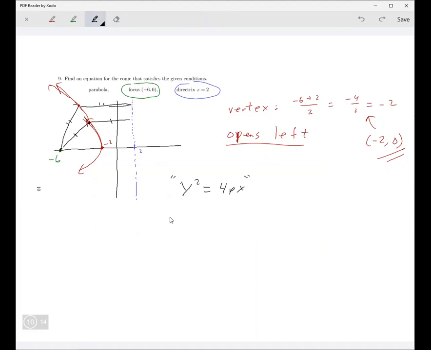But what you want to do is account for the vertex here. Because the x coordinate of the vertex is -2, you change this x to an x plus 2, and then because it opens to the left, we can put a -4p right here.